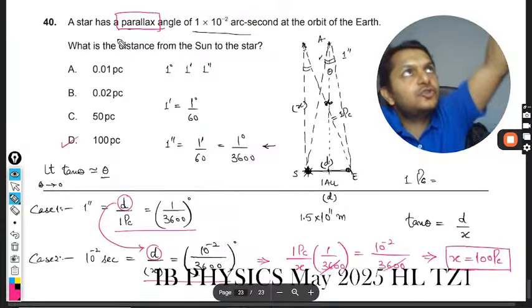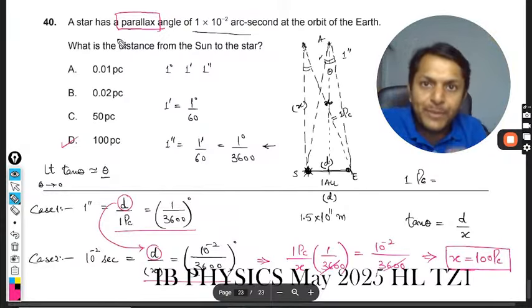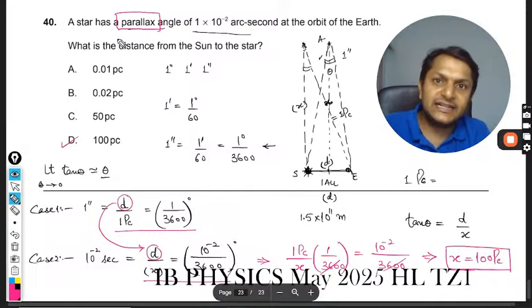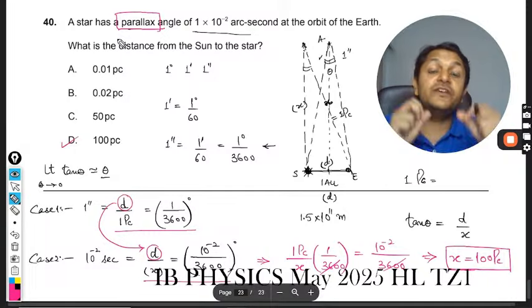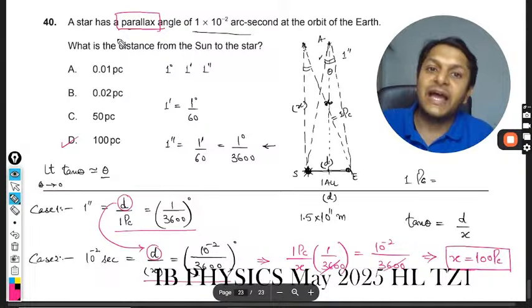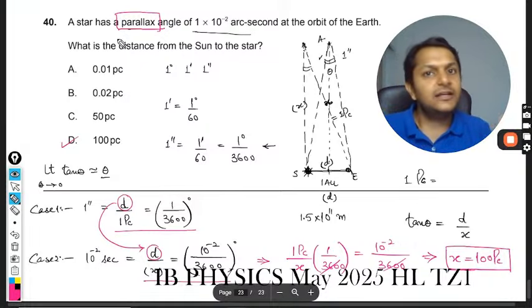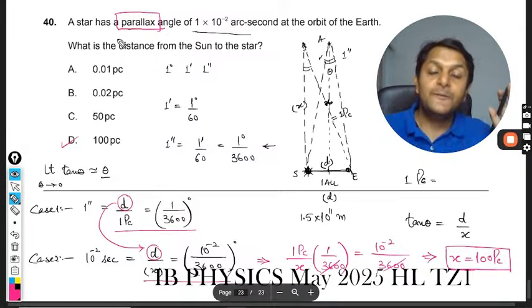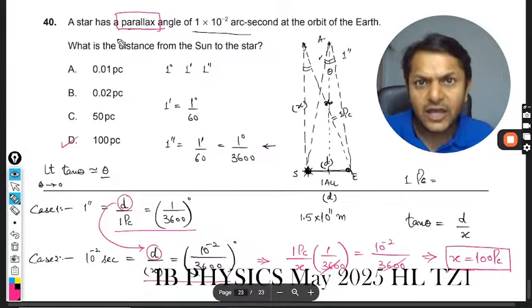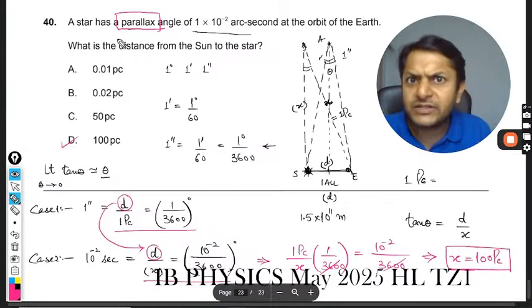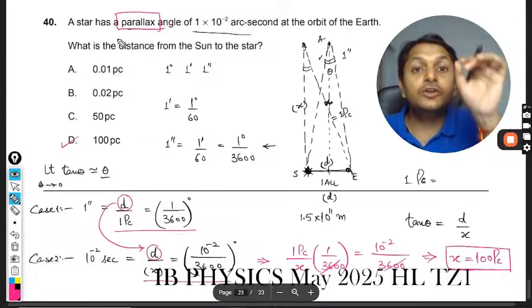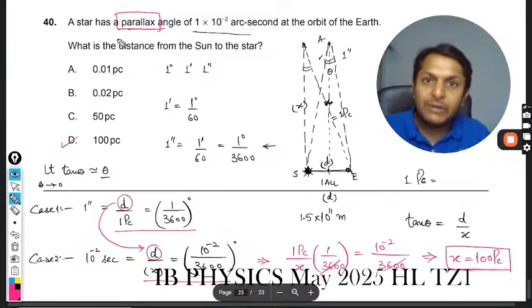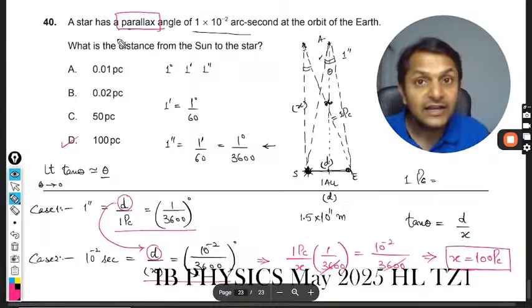Like, what is the actual distance of the star, we don't know, but the method that is suggested, which is known as the parallax method, if we follow the method given by scientists like this, then the star should be at 100 parsec distance. Practically, it may or may not be the same, it might be different, but according to this method with all its limitations, the value that we get is 100 parsecs.